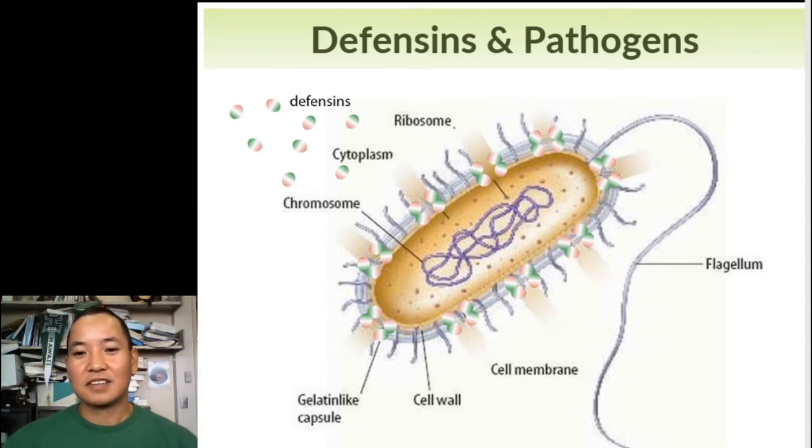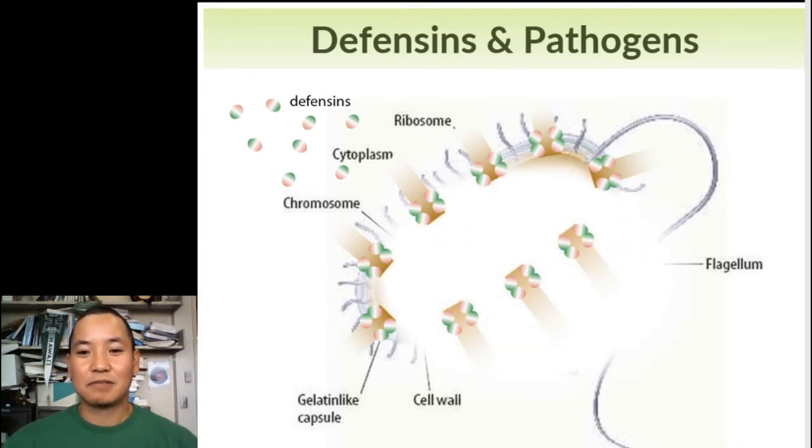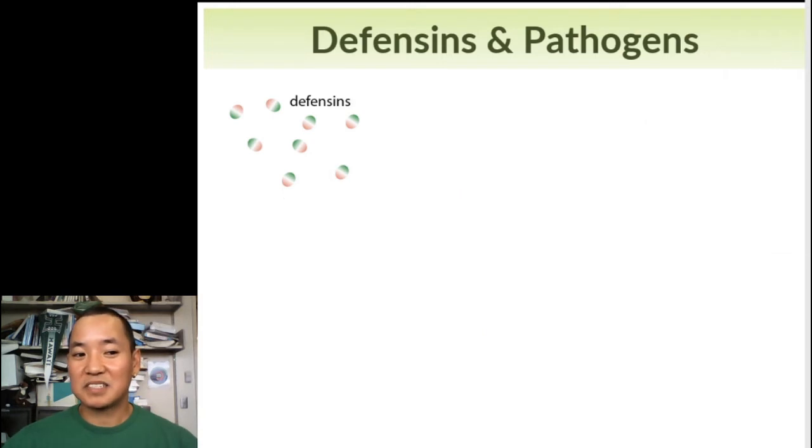If you poke all these holes in the bacterial cell membrane with defensins, eventually the bacterium will burst from all the water rushing in, causing it to swell, thereby killing the bacterium. Defensins are not detergents, but they act like your body's own protein detergents to help prevent bacterial and pathogenic invasion.